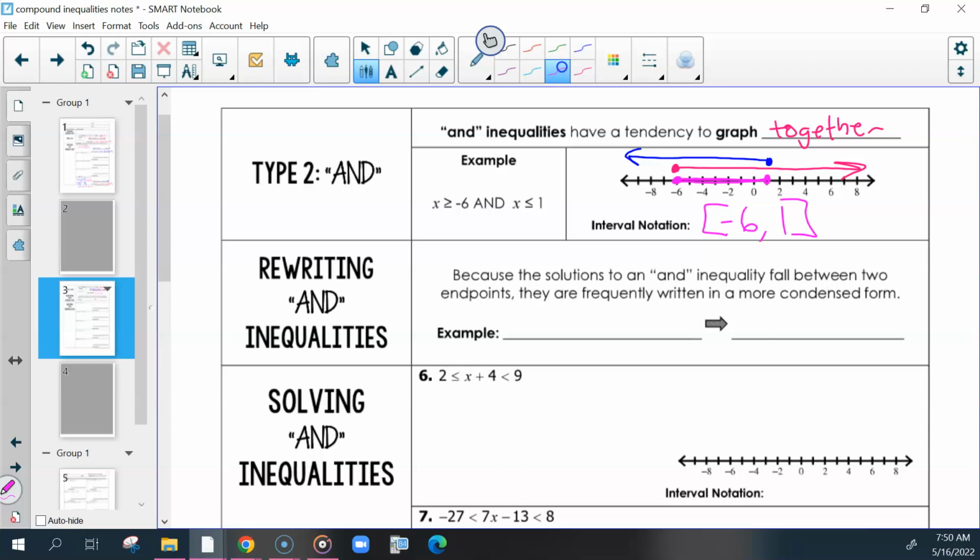But when we have and inequalities, I'm going to use the example and put that here. We don't write them as two separate things. We write them as one condensed inequality, so kind of like our set builder notation. So this would be -6 is less than or equal to x, which is less than or equal to 1.